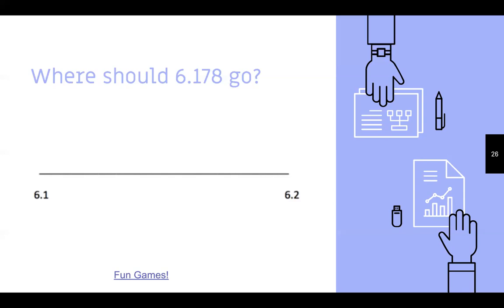Because we know we have 6. So basically that number line is saying, where should 0.178 go between 0.1 and 0.2, right? Well, now what we can see is that 0.1 is the same as 0.100.